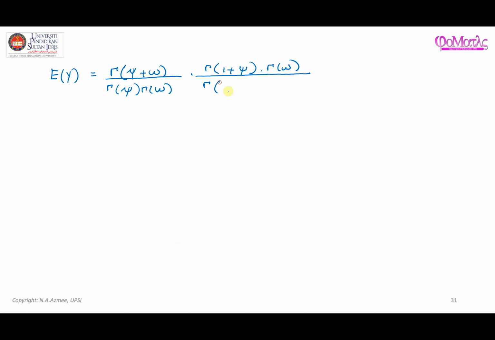At the bottom here we have 1 plus psi plus omega. Okay, so that's the result that we got.